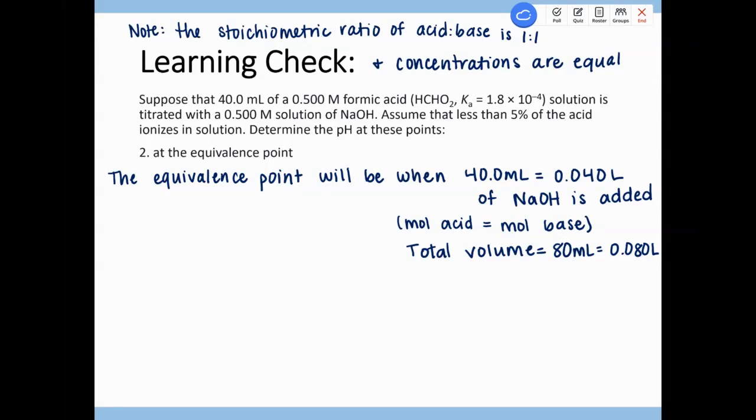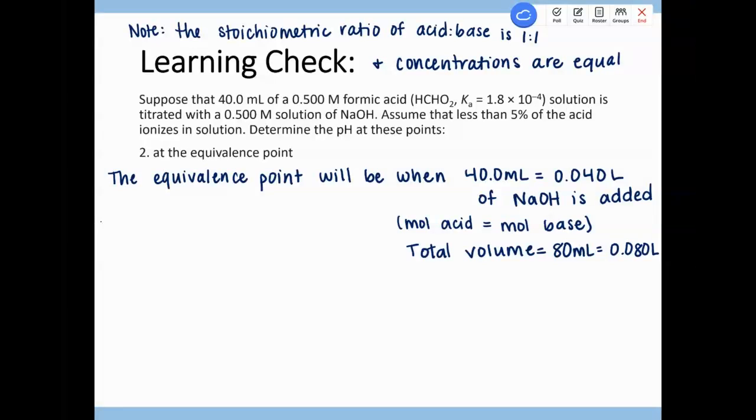All right, so where we can start is calculating the moles of formic acid present in solution. Then we know that all of the moles of formic acid present convert to conjugate base. So that will be moles of conjugate base, and then we divide by total volume.